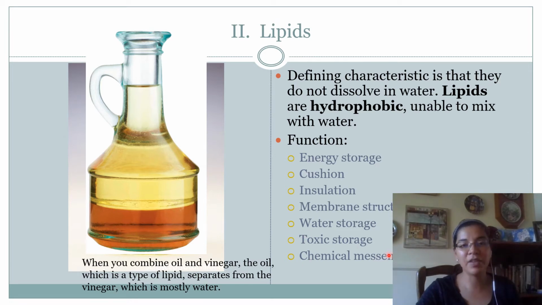Under the category of lipids, we have particular hormones, more specifically reproductive hormones, that act as chemical messengers. As you can see here, lipids have a wide variety of functions: energy storage, insulation, membrane structure, chemical messengers. These are all very important functions in order to maintain homeostasis in an organism.